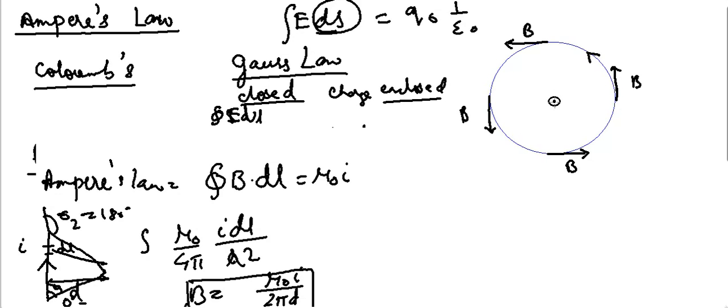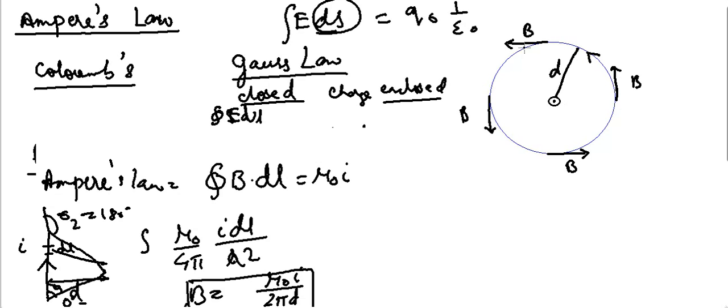For that, if you remember the notation convention, I can put the current as this, with a dot in it, to imply that the current in this wire is flowing out of your screen. Now if I draw a circle of radius d around this, all these points are symmetrical with respect to the center.